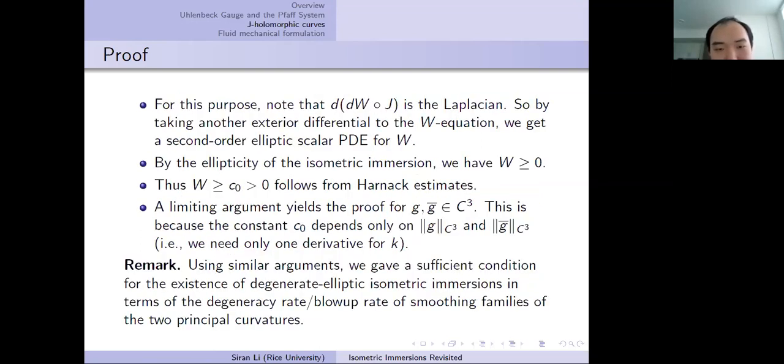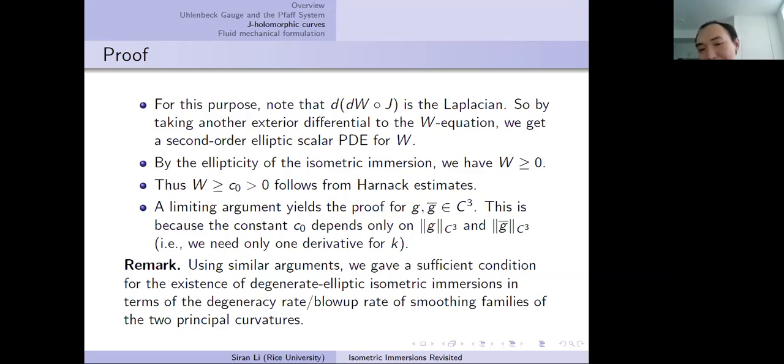To prove that, we notice that if we take another derivative and get a Laplacian, thanks to the presence of this J, then we can get a second order elliptic scalar PDE for W. Also by the ellipticity condition, we are looking at positive solutions.